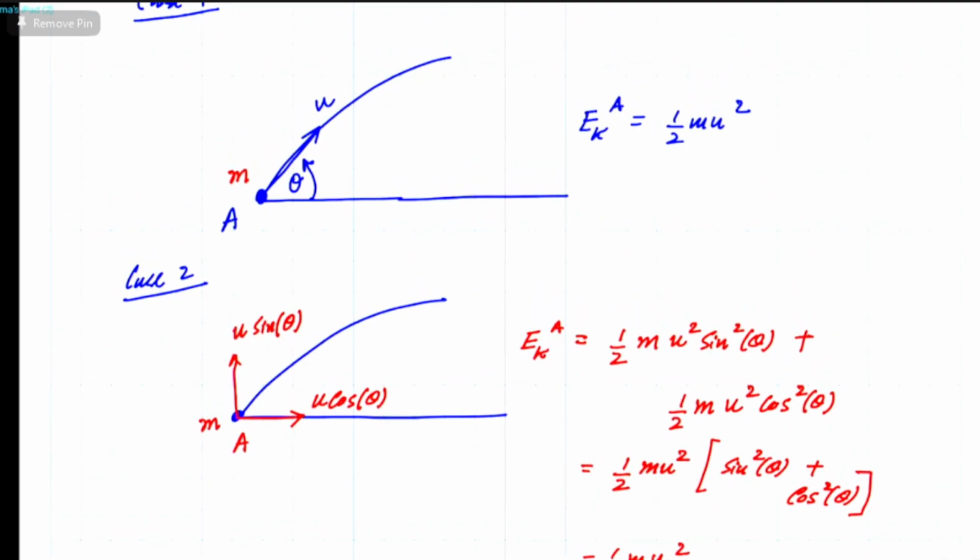So now look at case number 1 and look at case number 2. In case number 1, I used the original u given in the system. Then I get the value half into m u squared, right? Case number 2, I resolve that u into pieces. Then I consider those resolved velocities to calculate the kinetic energy.